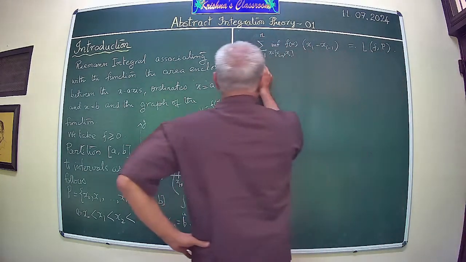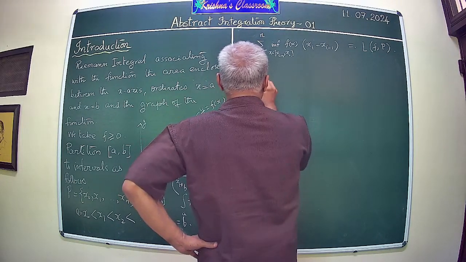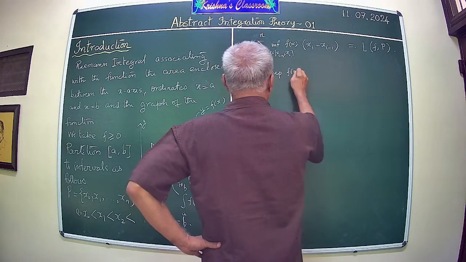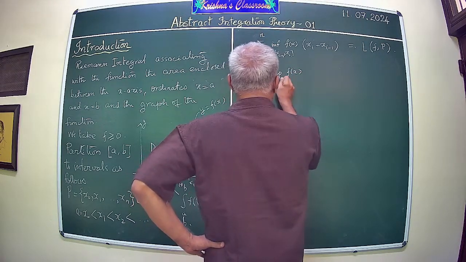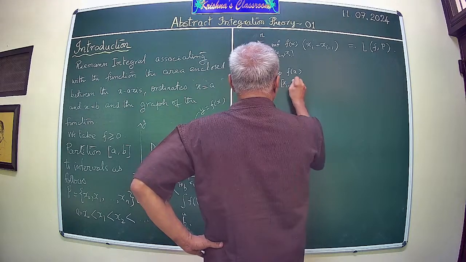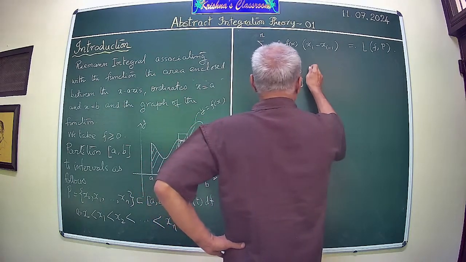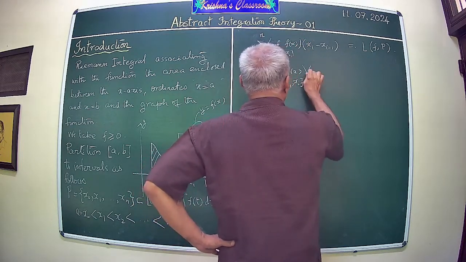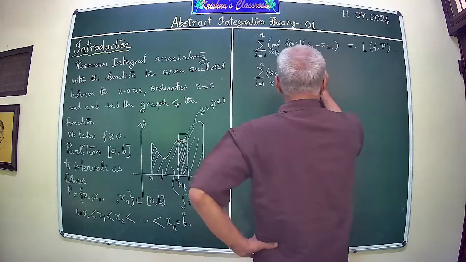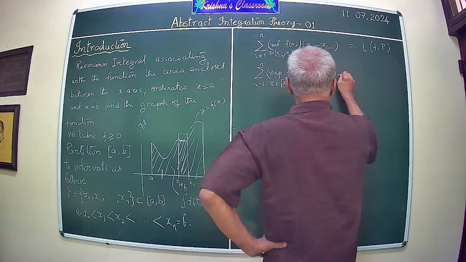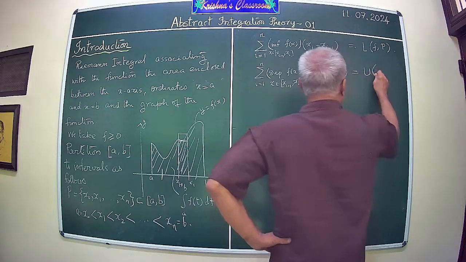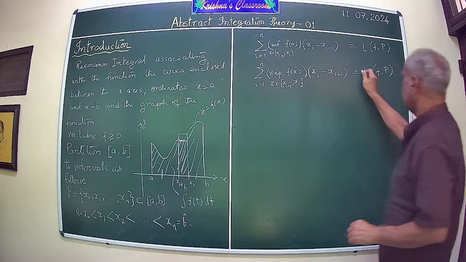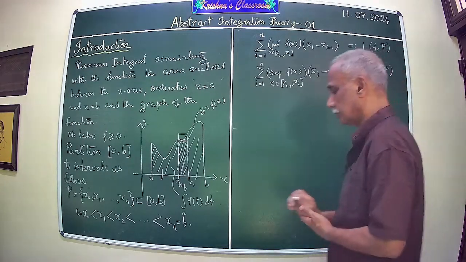Similarly, the supremum of f times xi minus x(i-1) is the upper sum. These are the two definitions that we make of lower sums and upper sums.